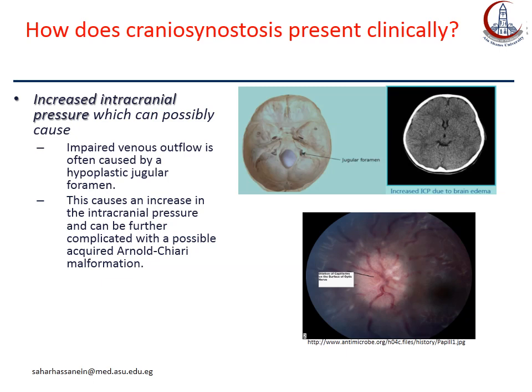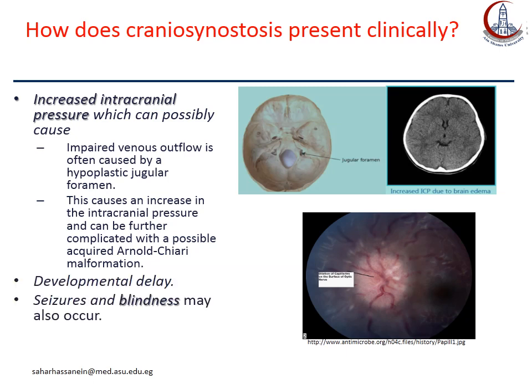This causes an increase in the intracranial pressure and can be further complicated with a possible acquired Chiari malformation. Papilledema and vomiting will be present. Delayed development can occur. Seizure and blindness due to pressure on the optic foramina and compression of the optic nerves causing optic atrophy.